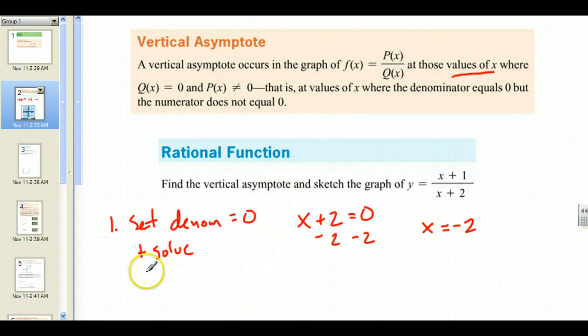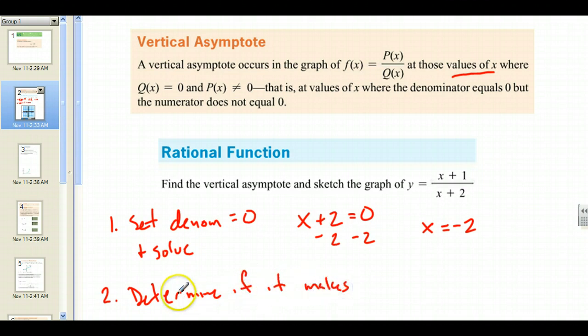Okay, so the second thing we do is determine if it makes the numerator equal to 0.